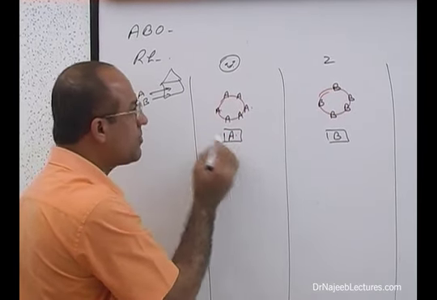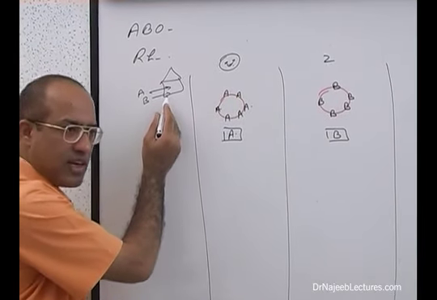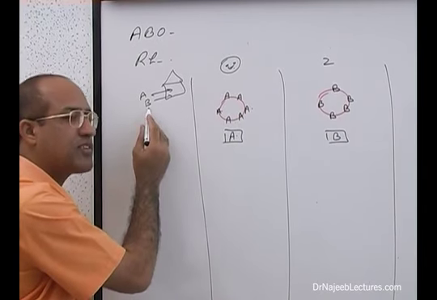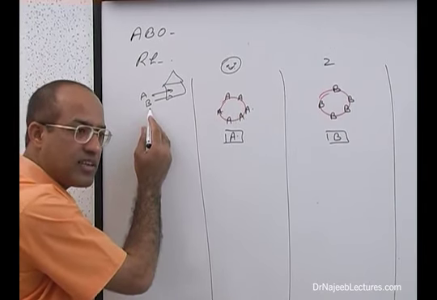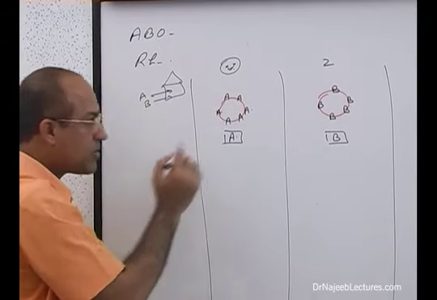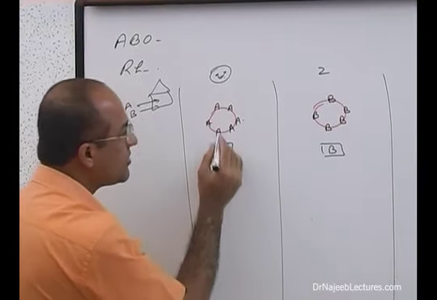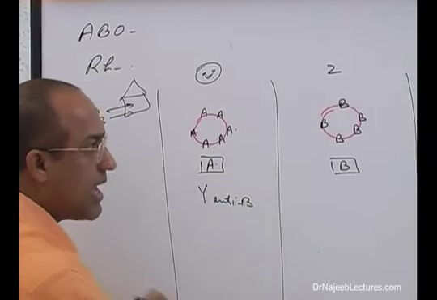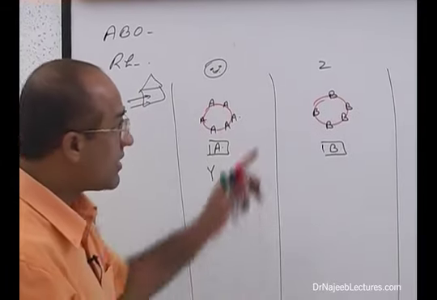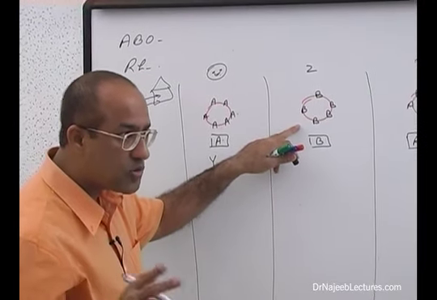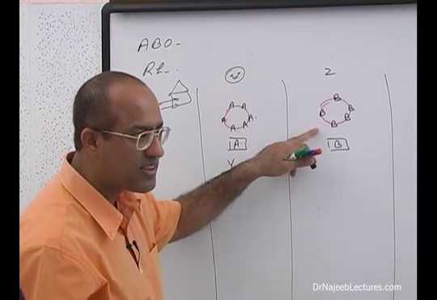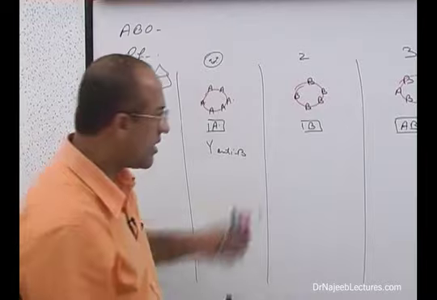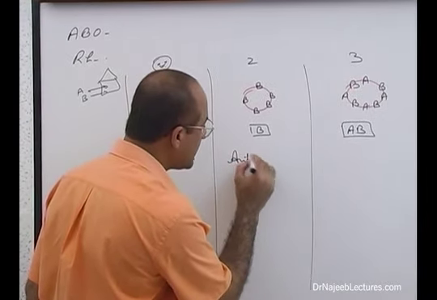But when B antigen comes to his system, and B antigen is not present in his own system, his immune system is going to perceive B as a foreign antigen, so he will make anti-B. So the antibodies present in a blood group A patient are anti-B. And people who are blood group B, when their immune system is challenged by foreign A and B antigens, will not make anti-B because B is their self, but they will make anti-A antibodies.